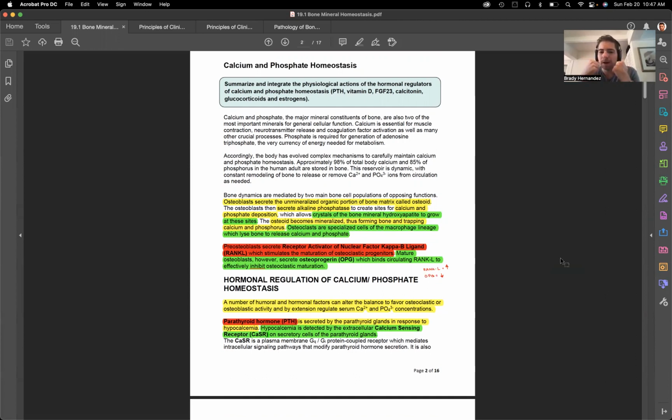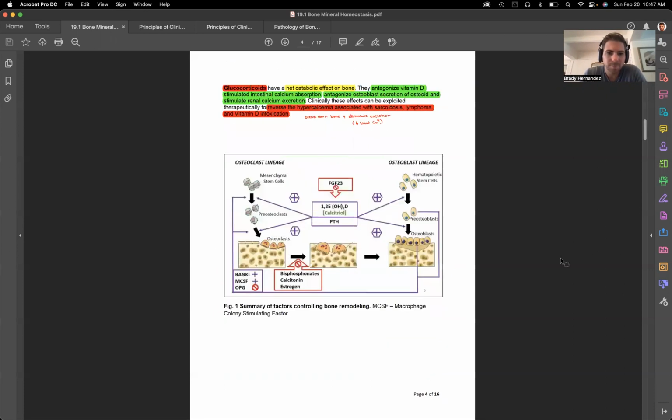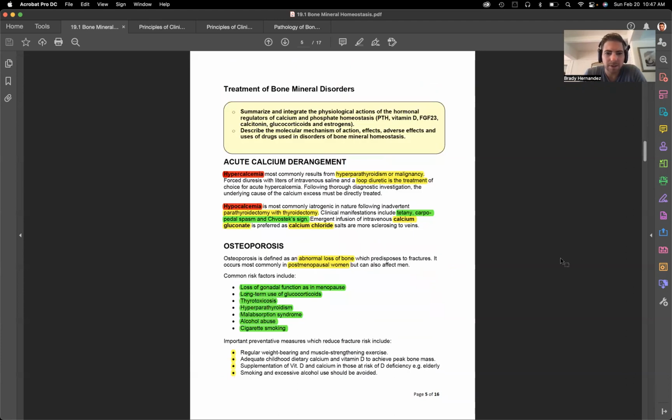For the bone, PTH works, and it can reabsorb calcium and phosphate from the bone. So blood calcium and phosphate go up as well. The only difference is that PTH also works in the kidney, so it can bring back calcium into the blood, but also pee out phosphates. Okay, so that's the place where you're getting rid of phosphates. It's just a common question that comes up. All right, and that's what they're talking about here.